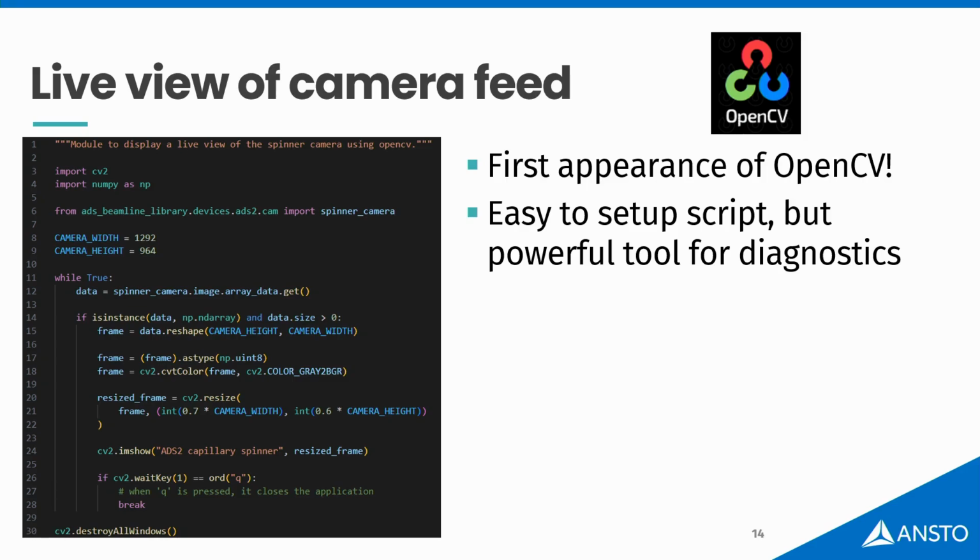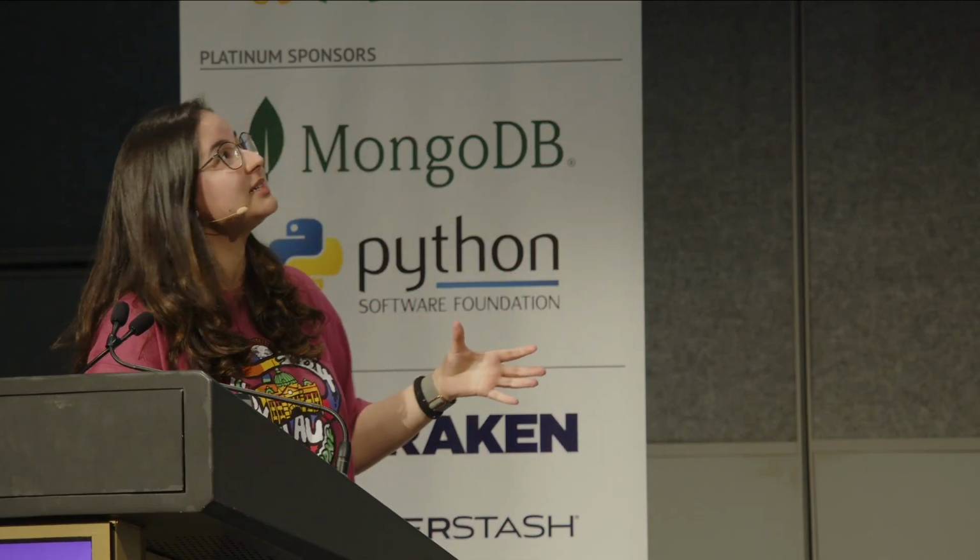And that's the first time that I had to use OpenCV in this project. For those who don't know, OpenCV is a very powerful tool. It's also an open source project, and it's very powerful in computer vision and image processing in general. It is built mostly in C++, but it has a Python wrapper to it, which is very lucky for us.